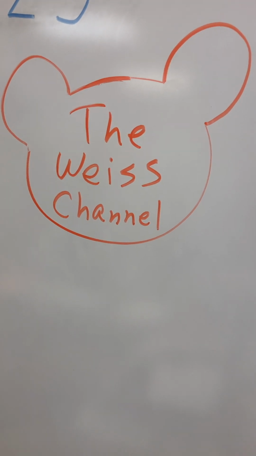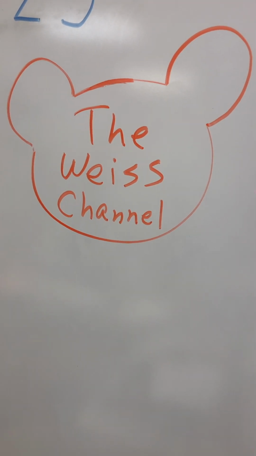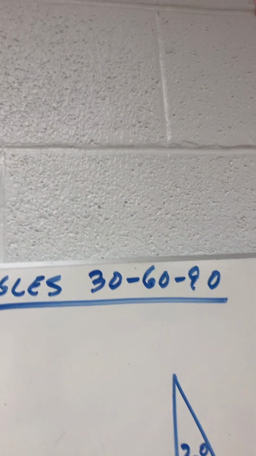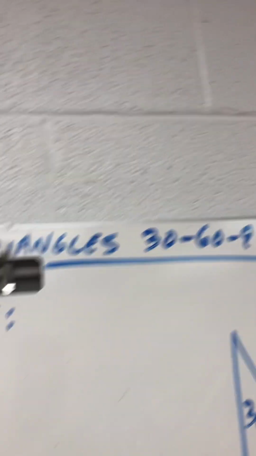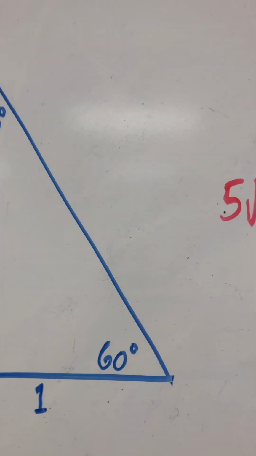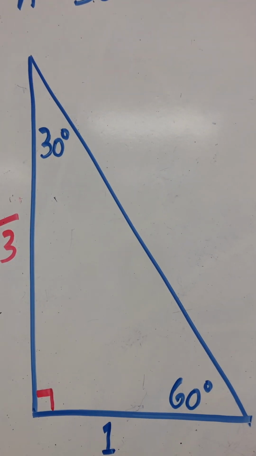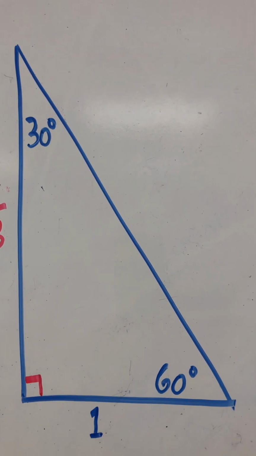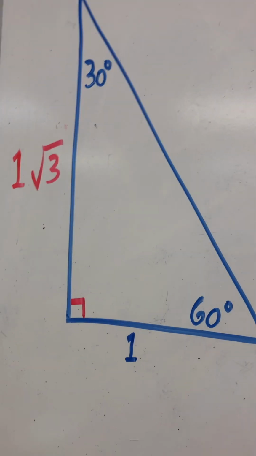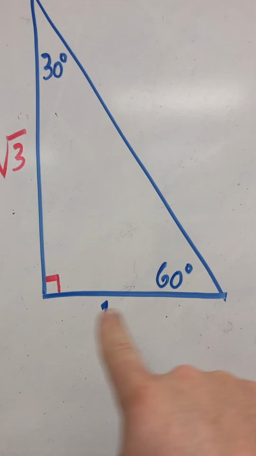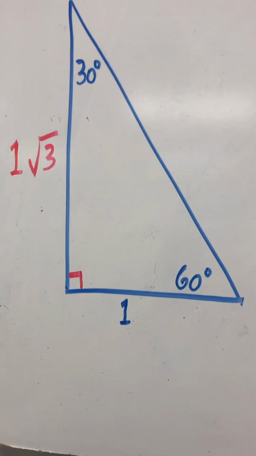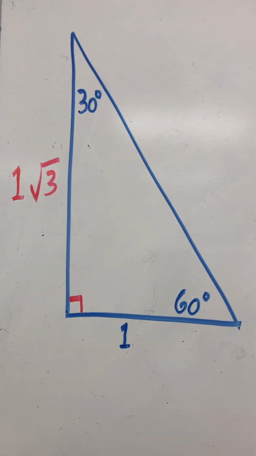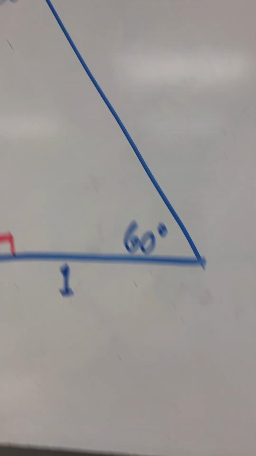Today, I'm talking about special right triangles, but specifically, we're talking about a 30, 60, 90 triangle. Here is a 30, 60, 90 triangle, okay? If the short leg, this bottom piece, is 1, then the long leg is 1 square root of 3.